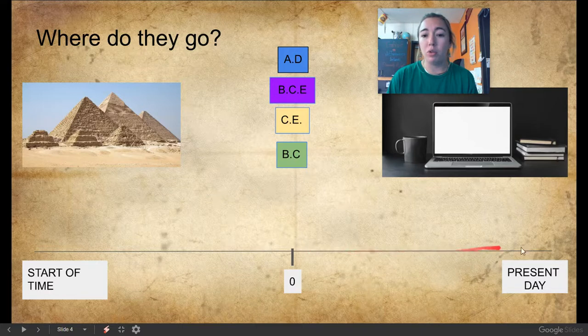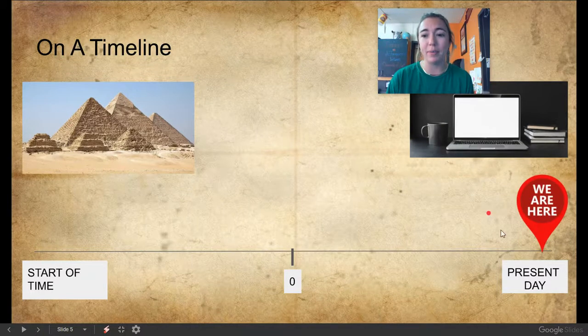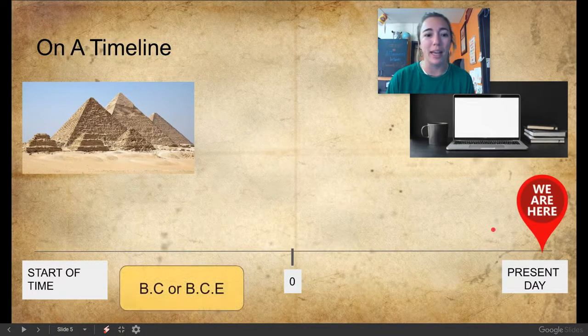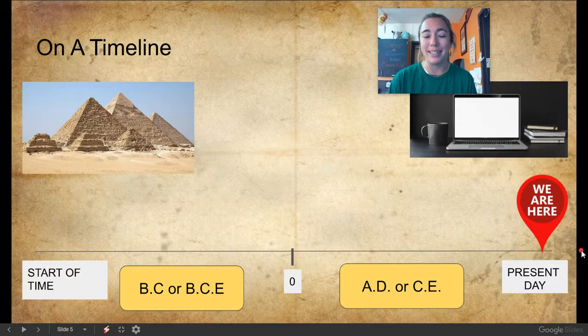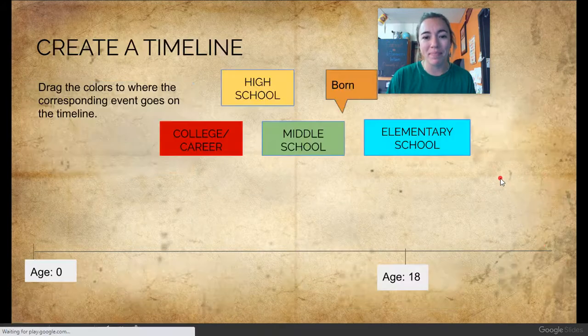Then from 0 to present day, where we are in 2021, this is known as the Common Era. So if we look here, we are here, present day 2021. And from the start of time up until, but right before, historians established the year 0, we call this BC or BCE. And then from 0 to present day, that is 2021 years later, we call this AD or CE, the Common Era.